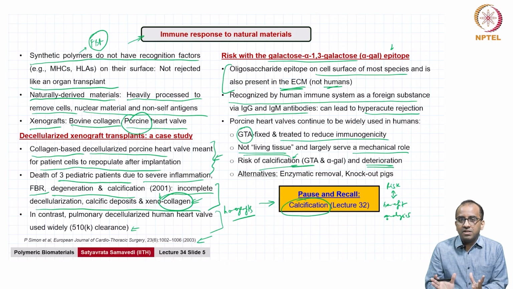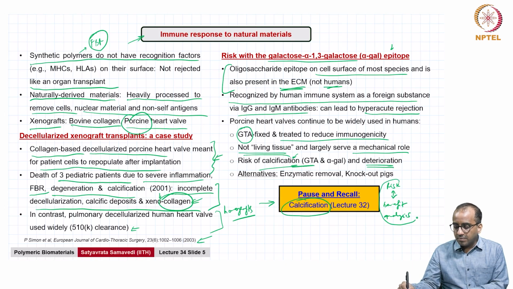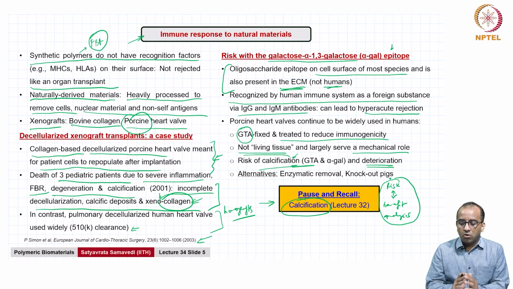Essentially, all of these have benefits, all of these have risks. And we will again reiterate that when we look at the case study of the polypropylene mesh later in this lecture itself. But essentially, what healthcare practitioners will evaluate is the risk to benefit ratio. Overall, do the benefits of this implantation far outweigh the risks associated with the implantation, right.